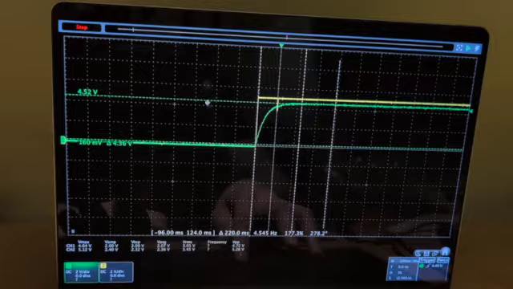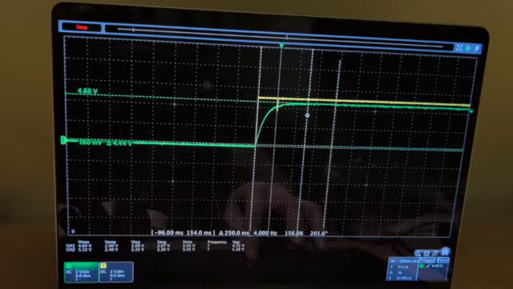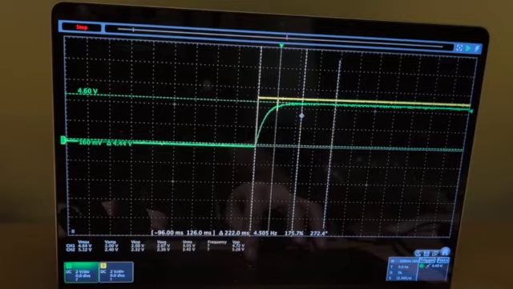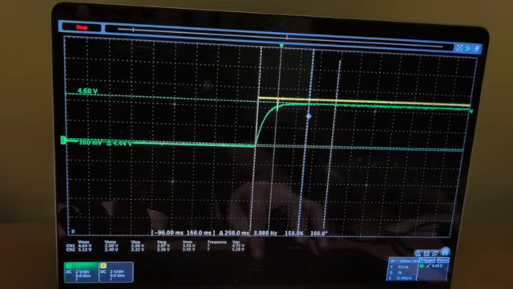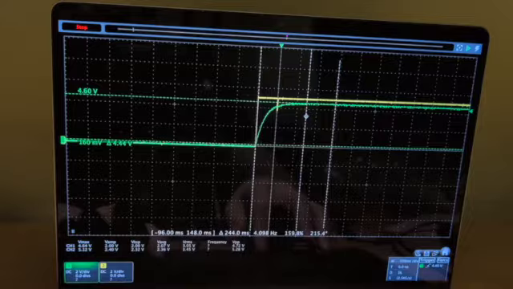V64 is the max. If I took this line to 64, 60 or something like that here, and where this line actually crosses somewhere here, you know, bump it up to maybe 240 milliseconds, around that 244 milliseconds.